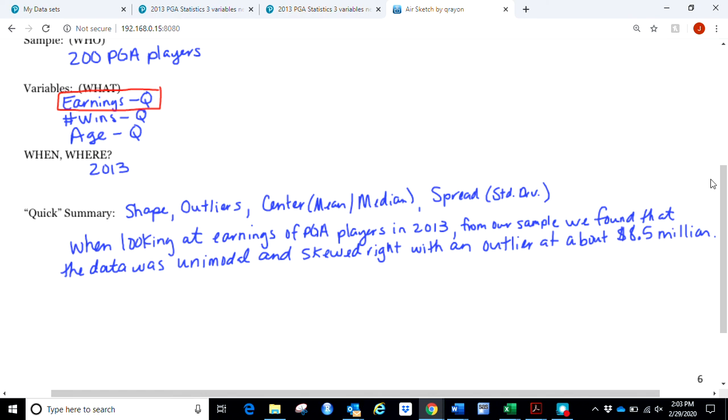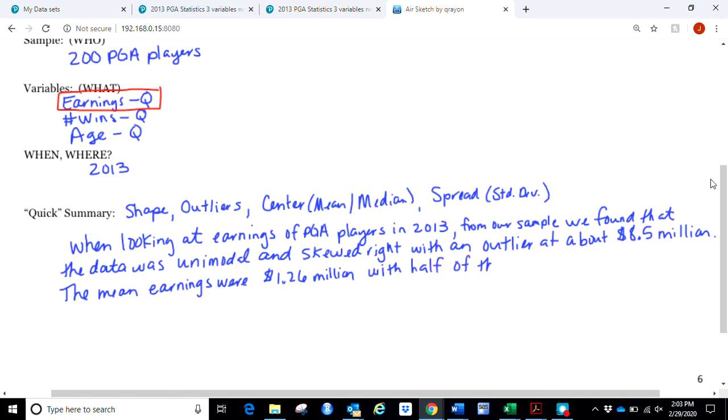Now I'm going to go into my center by looking at the mean and the median. So the mean earnings were about $1.26 million. And I'm not just going to state the median, I'm going to interpret the median. So with half, because that's what the median does, is cuts our data in half.